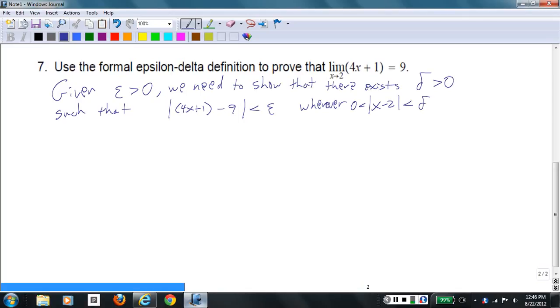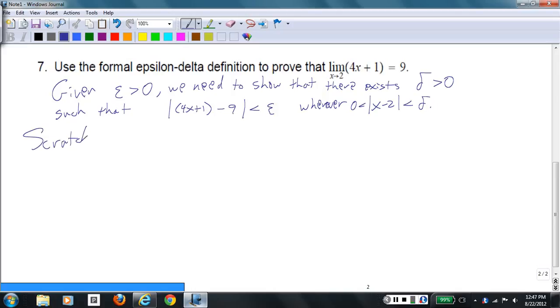So the 0 is less than really is not going to come into play all that much. But what it's saying is that this doesn't have to be true exactly at x equals 2. It just has to be true really, really close to 2, when x is really, really close to 2. But the 0 is less than turns out not to come into play very much for the examples that we consider in this class.